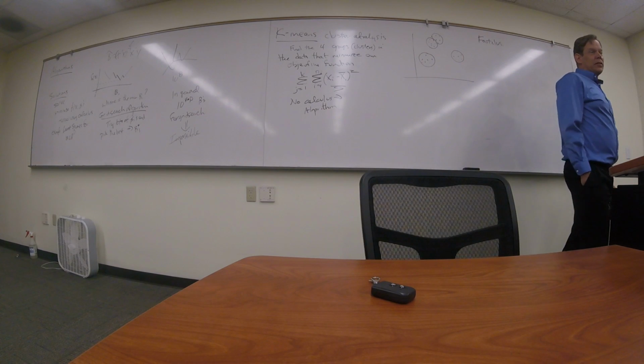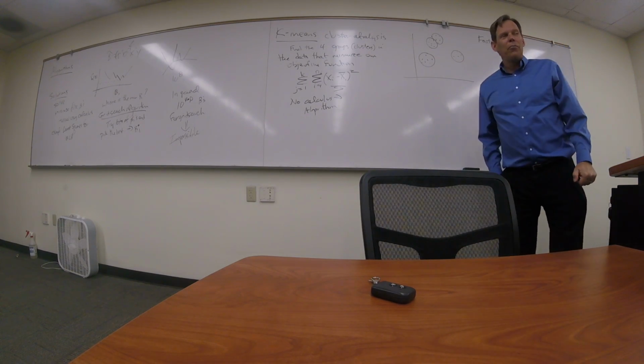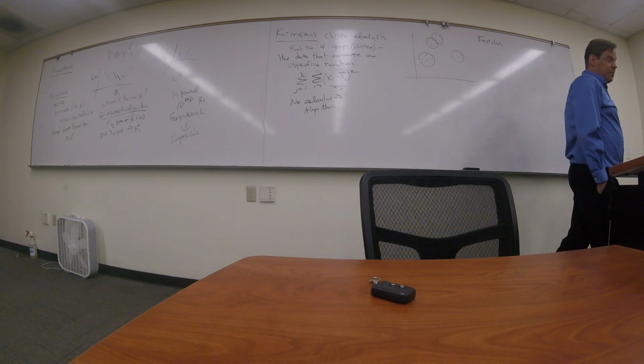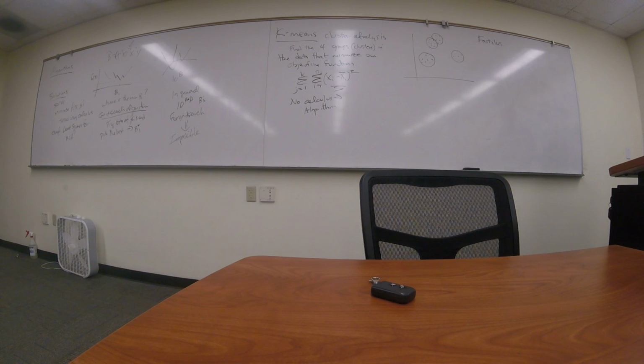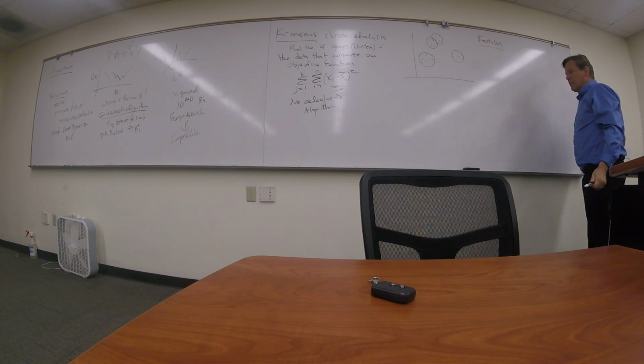And I know SPSS has the same type of algorithm. Basically, you get to tell the software what algorithm to use. This is rare. Usually the algorithm is chosen by people smarter than us. But that's not the case in k-means.